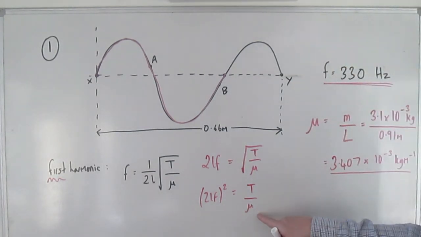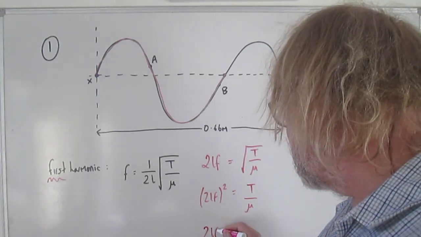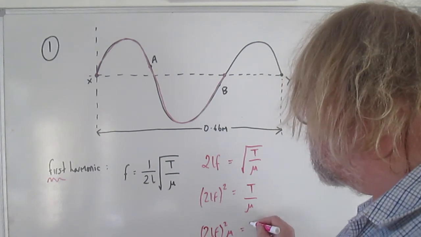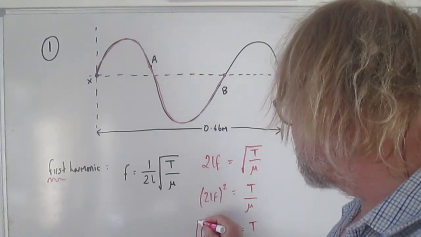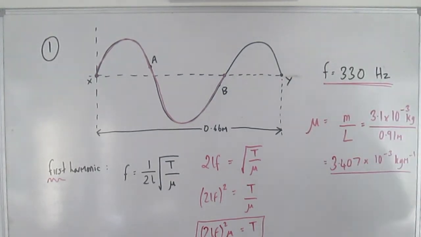Then we can move the mu over to that side and get (2Lf)² mu = T. So that is the relationship that we need. Now we can plug the numbers in.